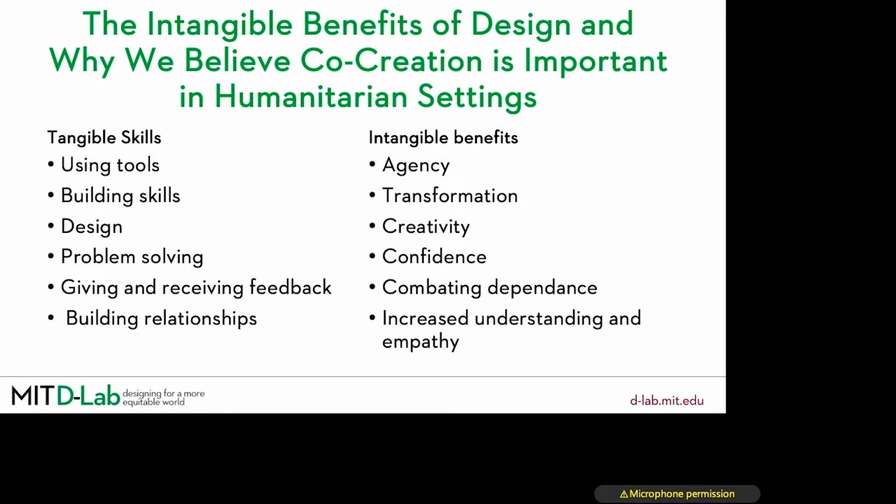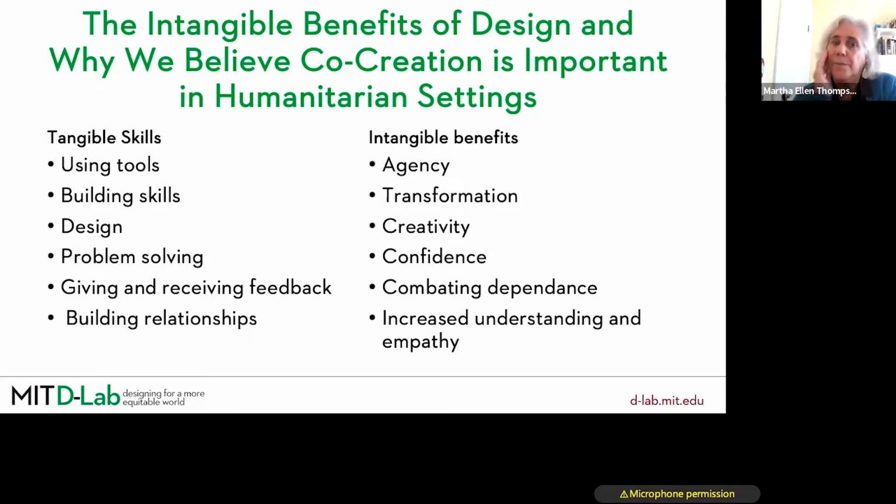It builds a lot of confidence. We feel that a lot of humanitarian work creates dependency, and we feel that this kind of work really combats and counteracts dependence. And we feel that bringing humanitarian workers together with displaced people and refugees really helps increase understanding and empathy from both groups.